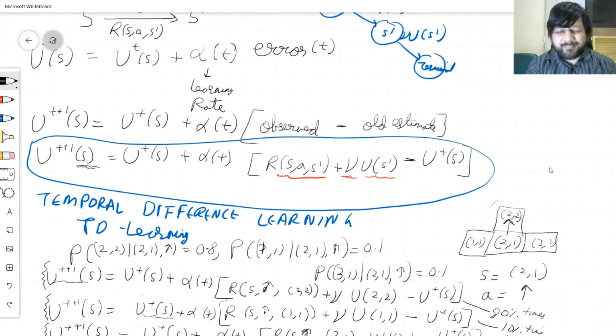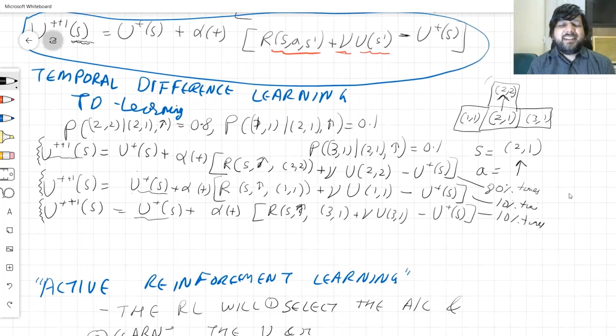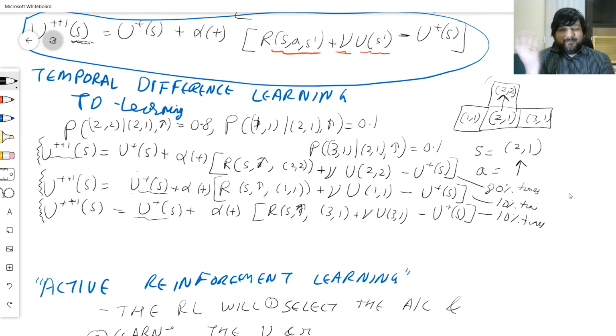So it seems to be doing the correct thing. Again, the wonderful thing is I didn't supply the probability. Who did? There's no probability over here, yet it's getting effective. God did. God is selecting S dash by the natural probability: 80% without slip, 10% left slip, 10% right slip.